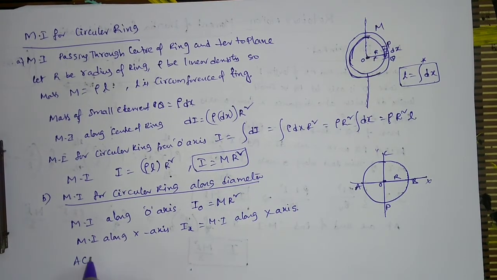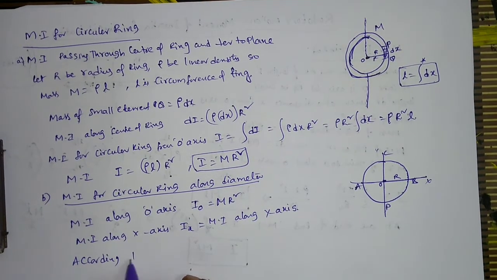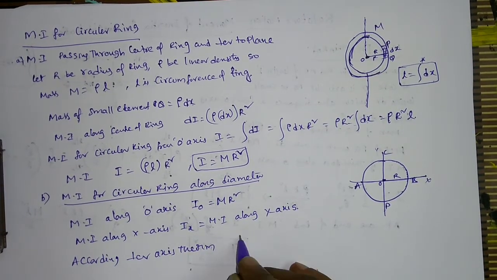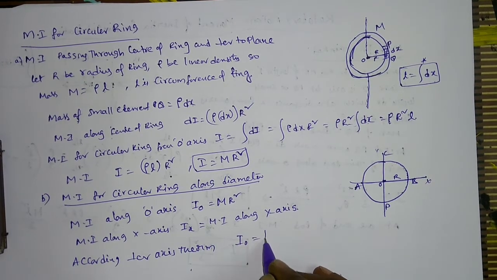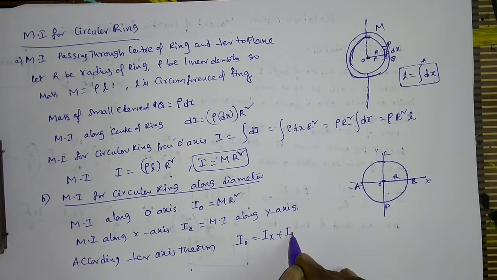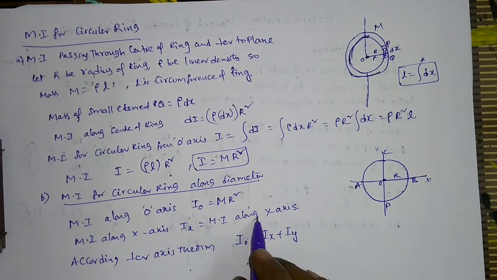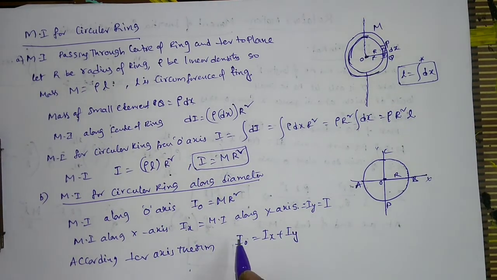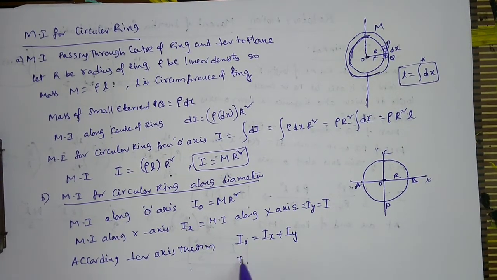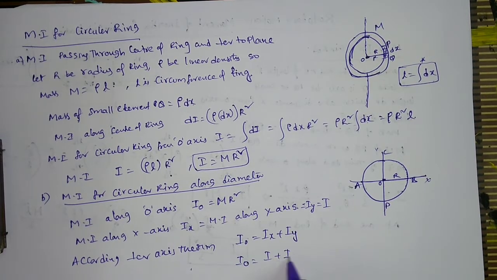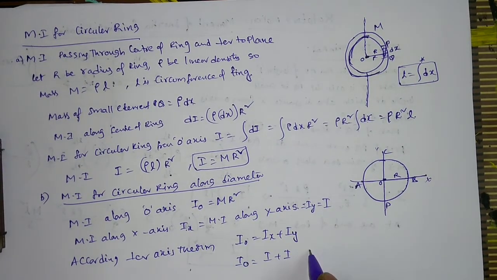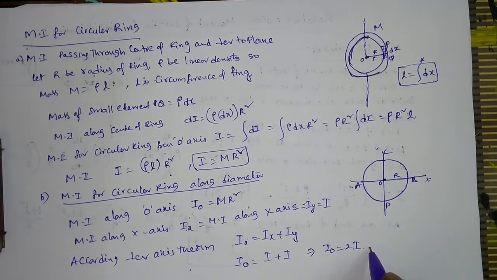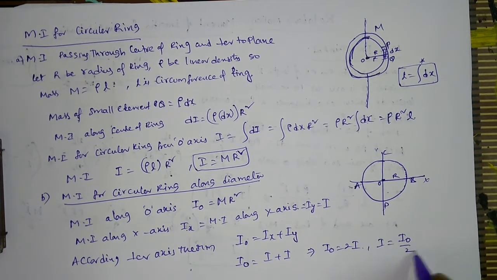According to the perpendicular axis theorem, I naught is equal to Ix plus Iy. As Ix and Iy are both the same, let us say simply I, so I naught is equal to I plus I, that is I naught is equal to 2I. That is simply I is equal to I naught by 2.